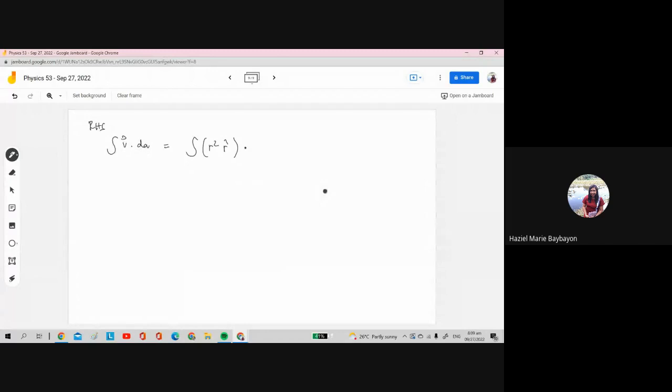So what remains is only the r hat component, dl theta multiplied by dl phi r hat. Actually, we already solved this earlier for a sphere.